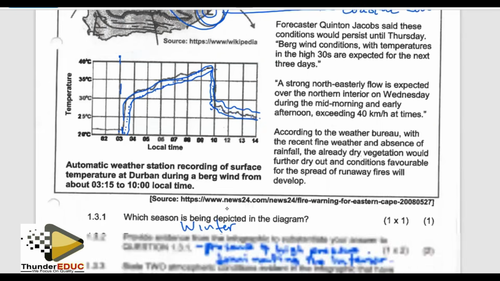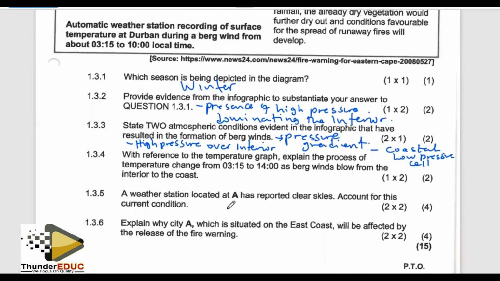So with reference, let's use our blank page. This question 1.3.4.